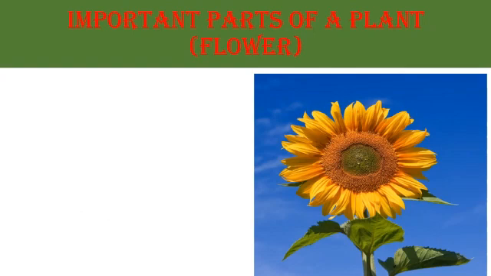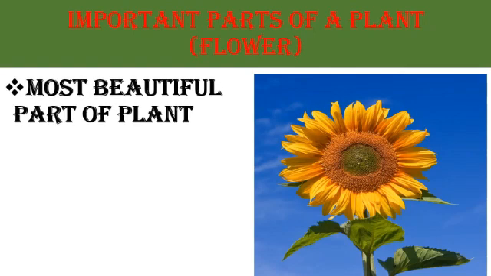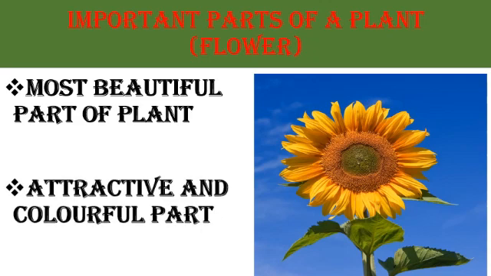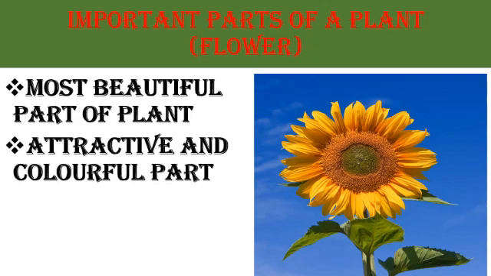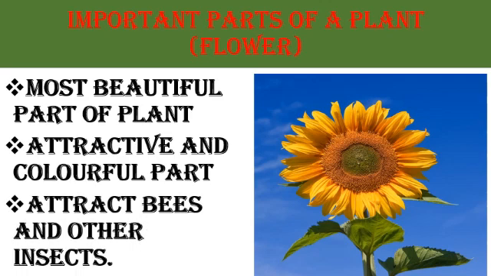Now students, let's talk about another part of a plant, that is flower. Flowers are the most beautiful part of a plant. Flowers are attractive and colorful part of a plant. Flowers attract bees and other insects towards them.